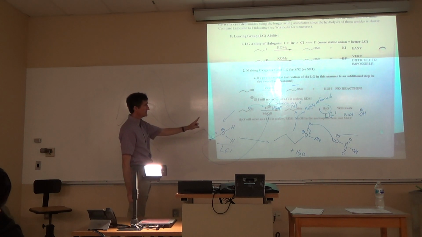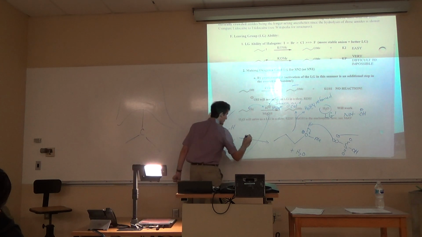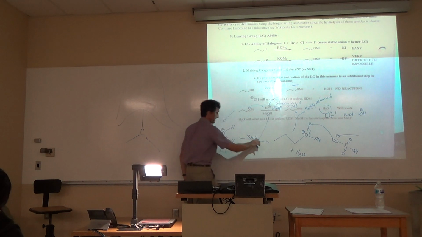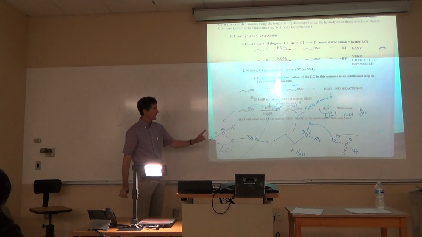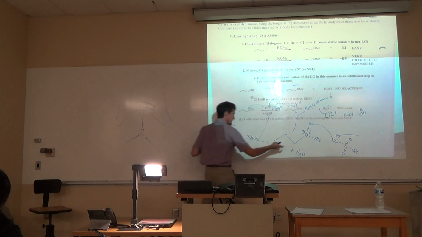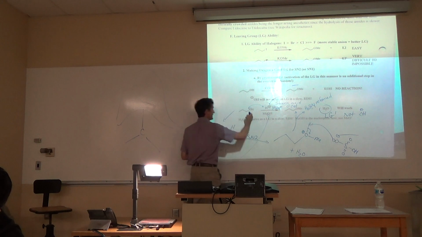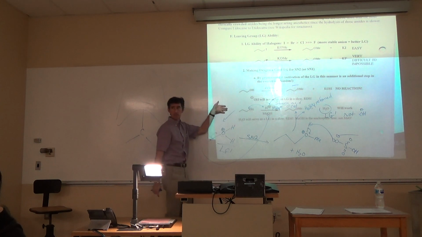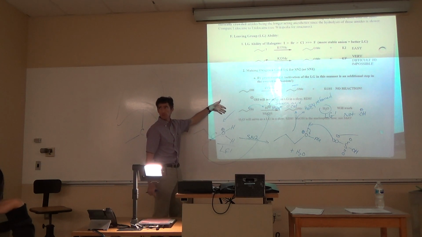What type of mechanism did we just do? Sn1 or Sn2? Right here is the Sn2. But then students say, well, I thought Sn2 didn't have any intermediates. Well, it doesn't. Here's the substitution. This step was an activation of the leaving group. There's no substitution here.